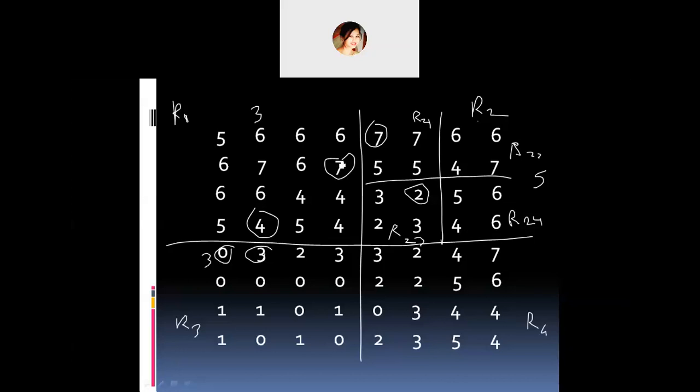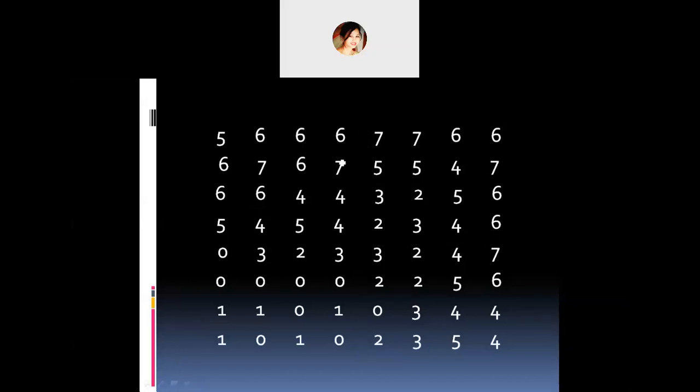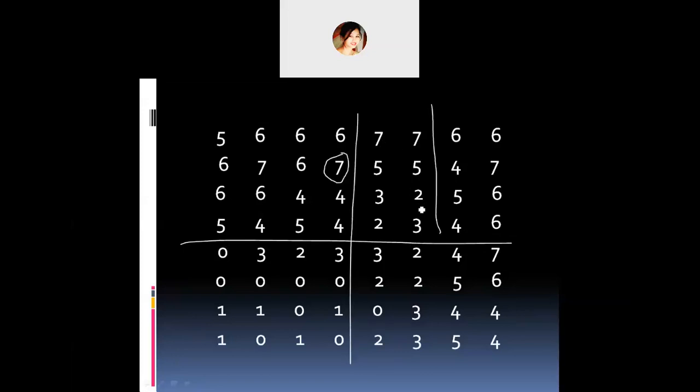So let's check. R1 maximum is 7, and take the minimum value from R21. So 7 minus 5 is 2. Yes, so you can merge this region because it is satisfying the condition, because it is less than 3. So you can merge R21 with R1.